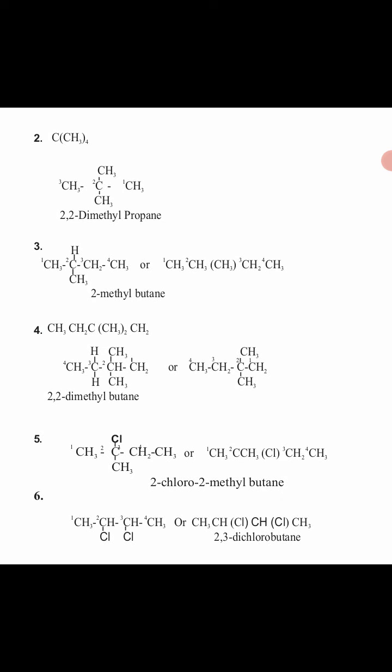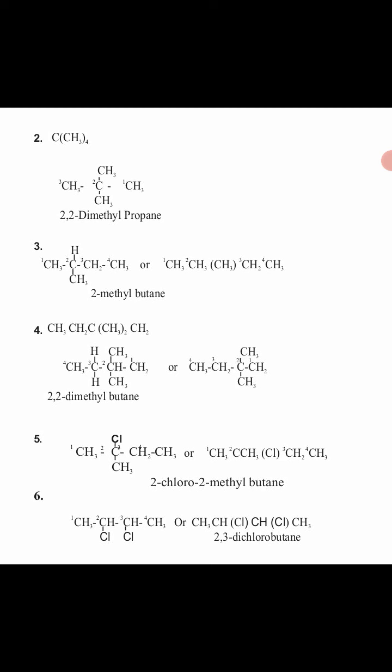Now look at this. We don't have four attachments. Don't be confused. We only have two attachments. For every alkane group, the beginning and the ending must always be a CH3 group. So you don't say polymethyl propane, that will be wrong.